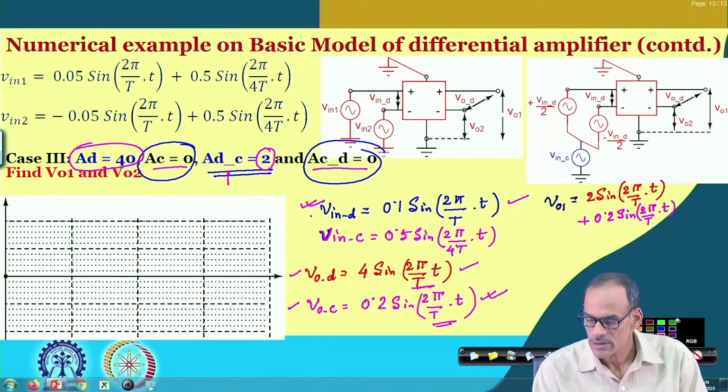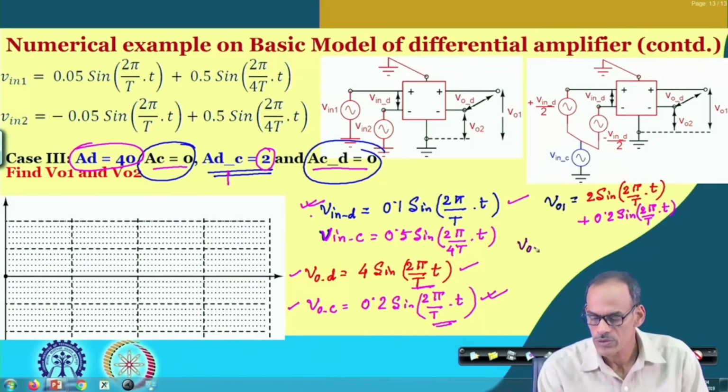On the other hand, the other output VO2 equals minus 2 sin 2 pi by capital T into small t, but then plus 0.2 sin 2 pi by T into small t.